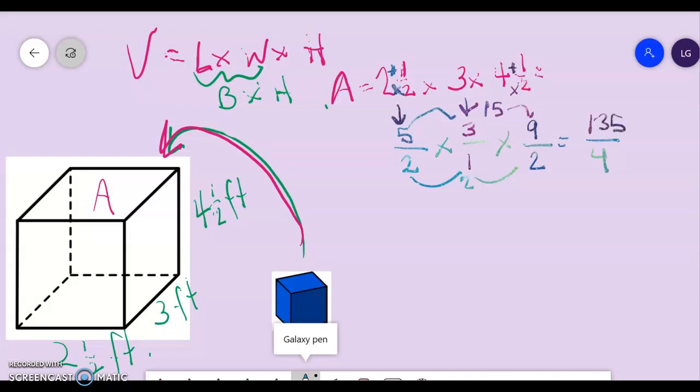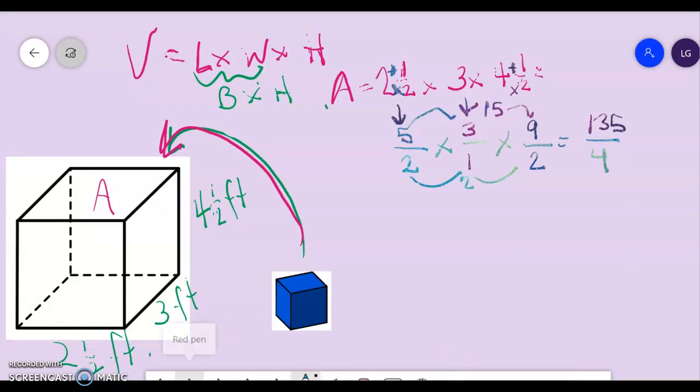We want to leave that in its fractional form, because the smaller cube is also in a fractional form. You definitely want to keep that first one in a fractional form until you're done with all of your computation, and then we'll do our division.